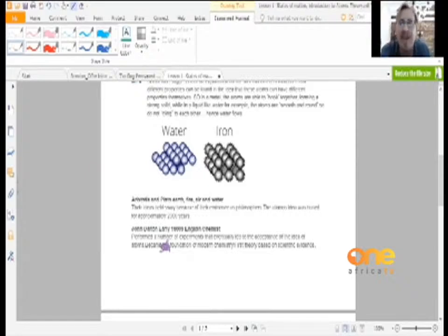You can't even see atoms. Your theory's nuts. The common view for over 2,000 years, guys, that's a long time for an idea to hold weight. The common view was that everything is made up of fundamental elements, 5 elements.